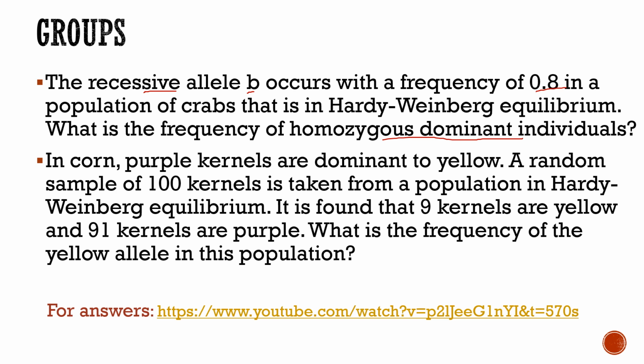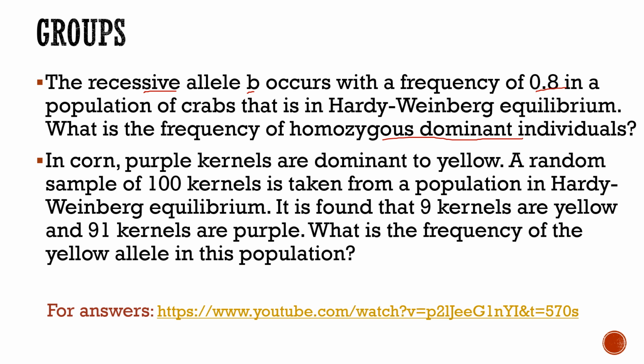So you're given the allele frequency, and you're determining the genotype frequency based on knowing 0.8 is your recessive frequency. Using P plus Q equals 1, and then the Hardy-Weinberg P squared plus 2PQ plus Q squared equals 1, you can figure out your answer.